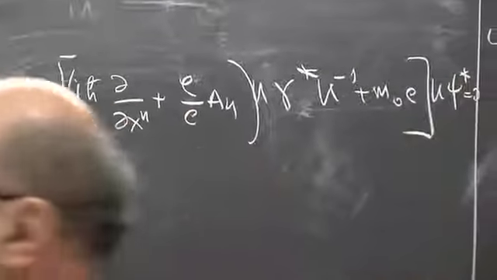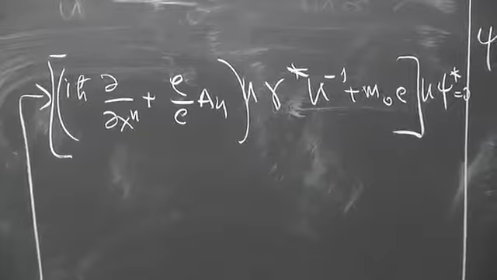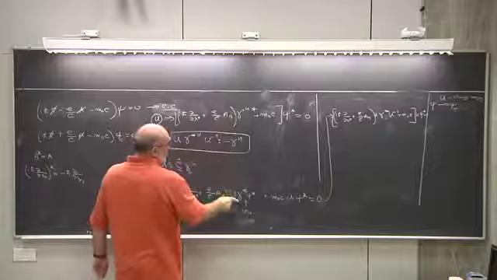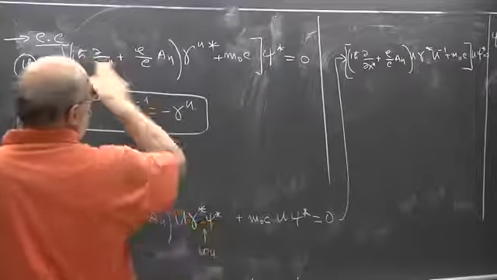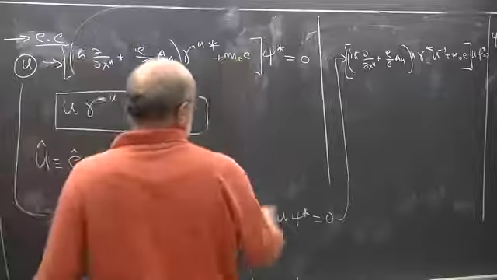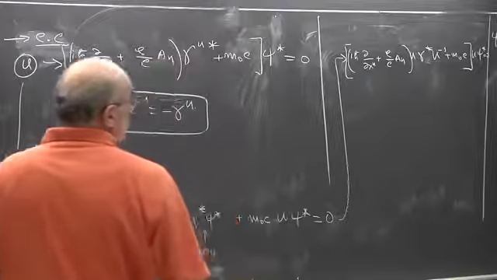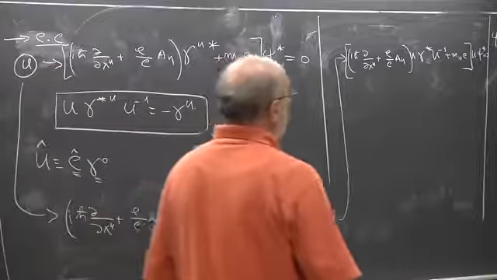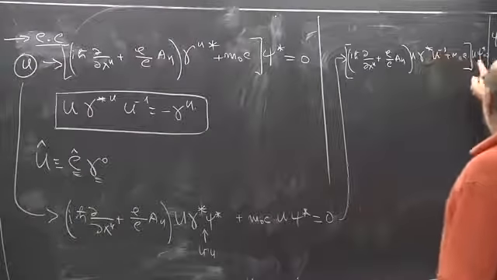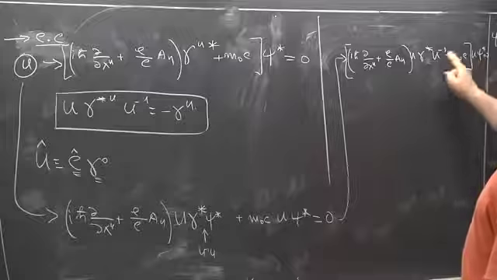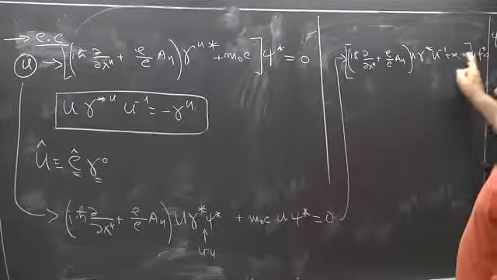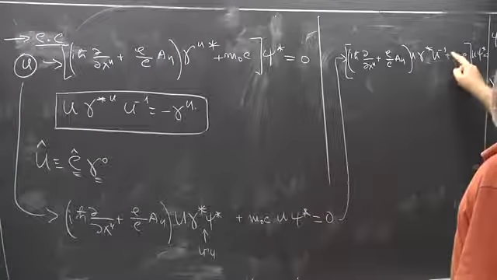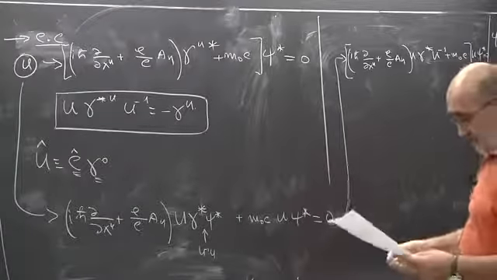Okay? So I have multiplied by U, it goes through, it goes here, and I have U γ star, and then I have the ψ star. Then the U goes through, this is a number, it goes there. Well, I can write these things inserting a U to the minus 1 in this manner, because you see U and U to the minus 1 cancel, and I get ψ star and γ star as I had before. And here I have just M0 times U.